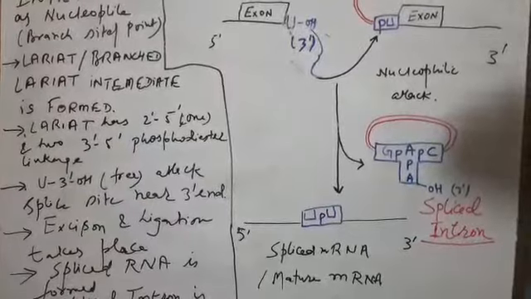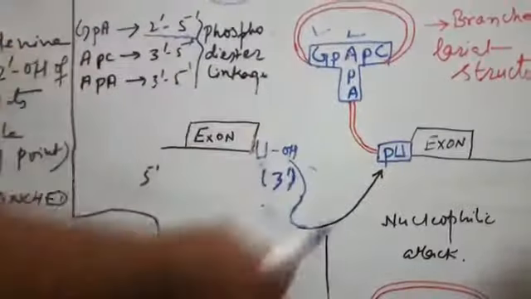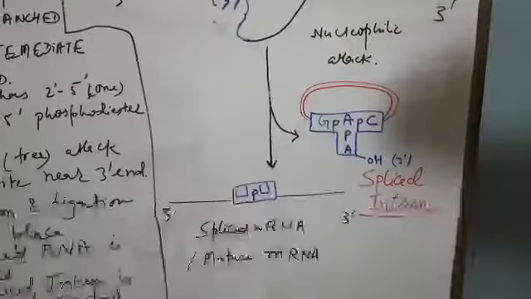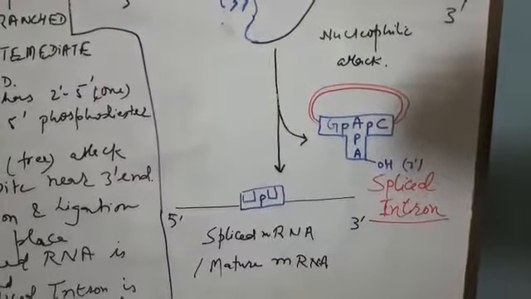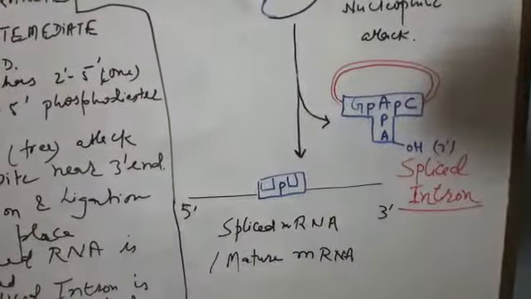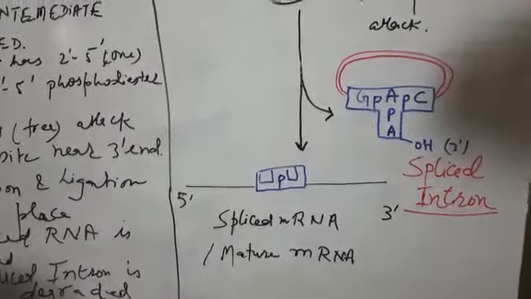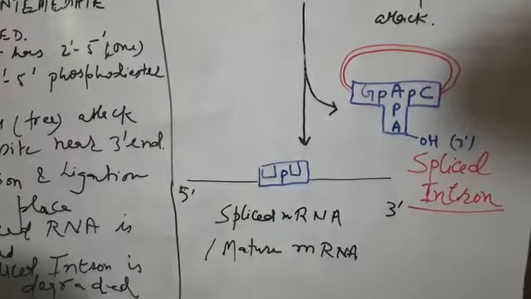Obviously you have this spliced intron. So as a result of this, the spliced intron is removed, and you have a mature mRNA or RNA, whatever, and the spliced intron undergoes degradation.